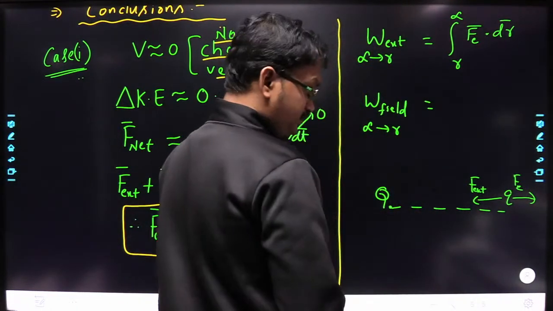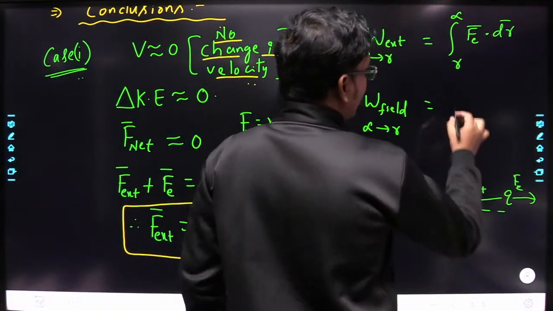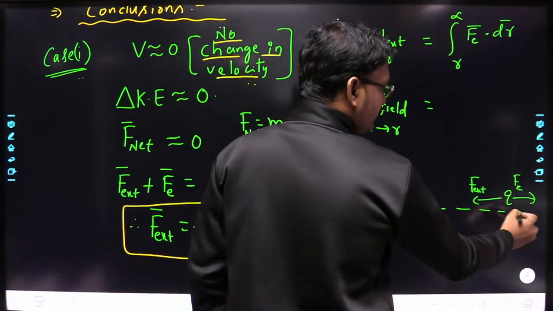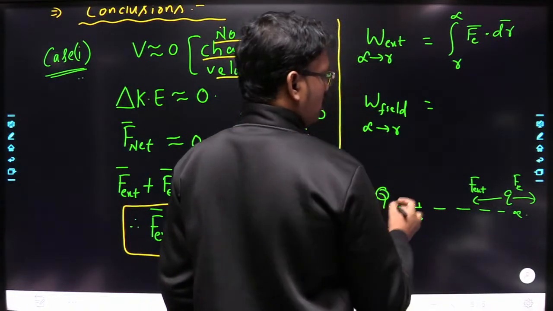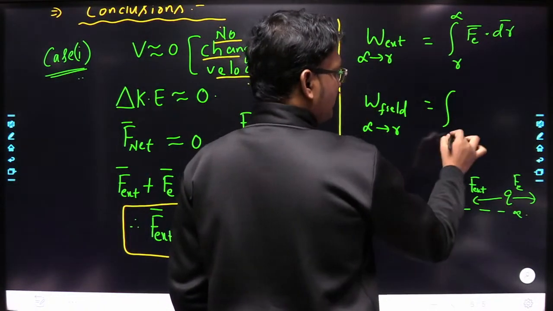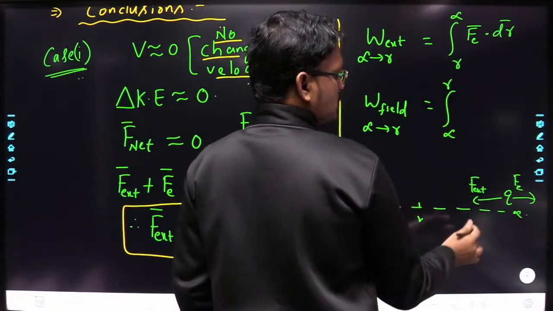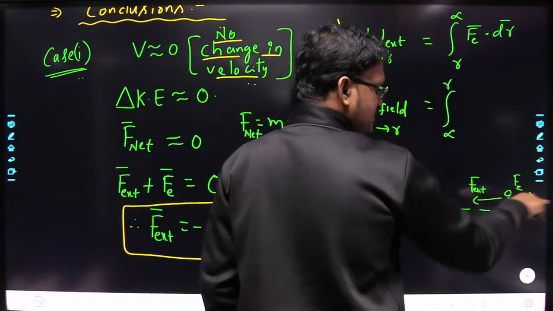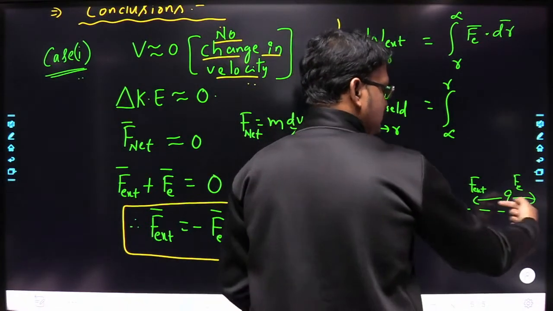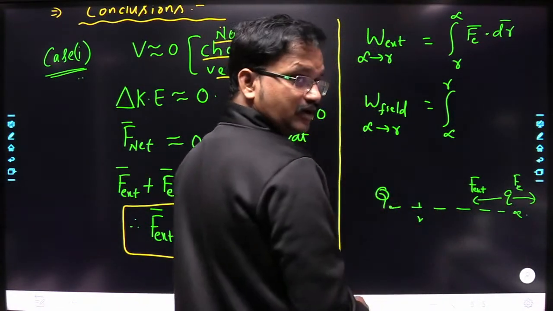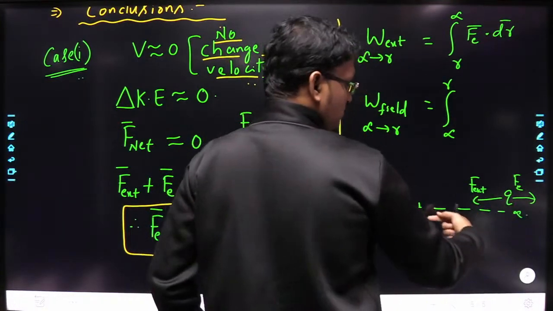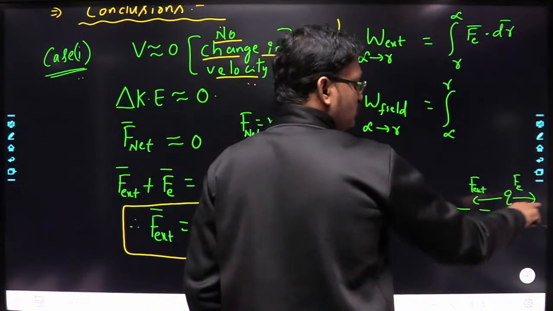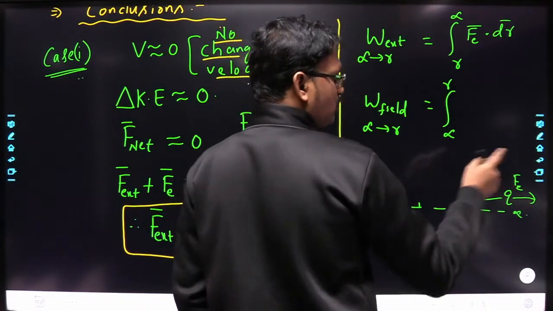So, the integral, you are moving from infinity to r. You want to determine the work done by the field force. The field force is acting in this direction and the charge is moving in this direction. The charge is moving from infinity to r, but the field force is acting from r to infinity.